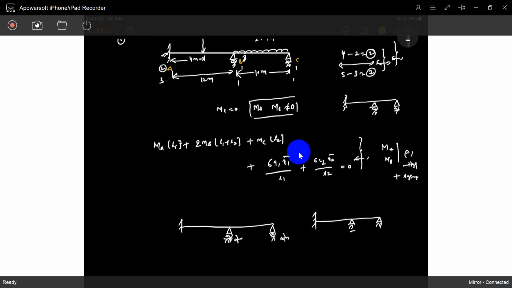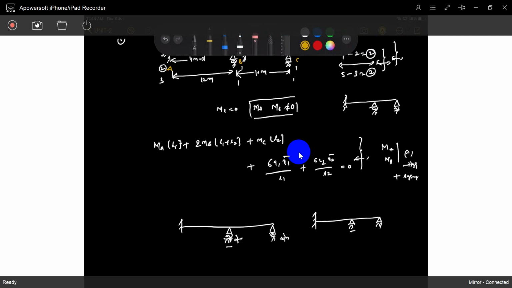Because if temperature changes happen, roller supports easily expand. Otherwise, if you provide a hinge, there is no horizontal movement. If it is a horizontal restraint, it can't expand. Then temperature stresses are arising. So that's why indirect loading is coming.